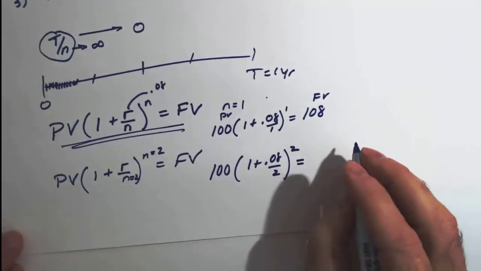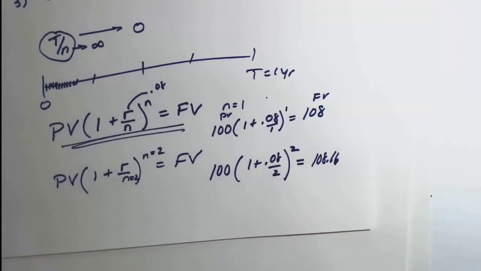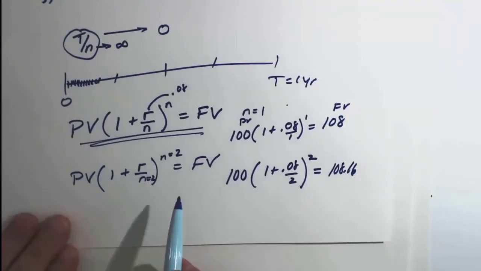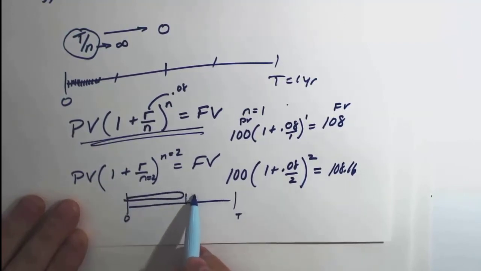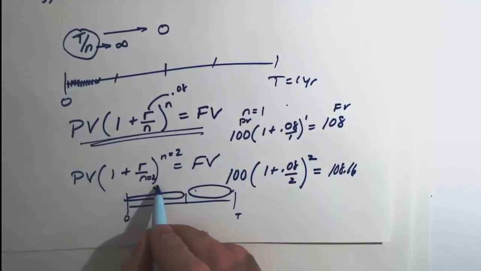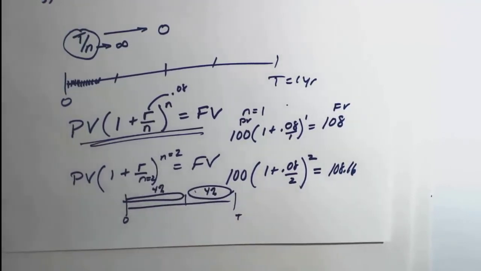And mathematically, that comes out to be 108.16. So you make an extra 16 cents with semi-annual compounding, because you earn 4% here, and then you earn another 4% on the 4%. And that only accounts for 16 cents. So that's a small jump.